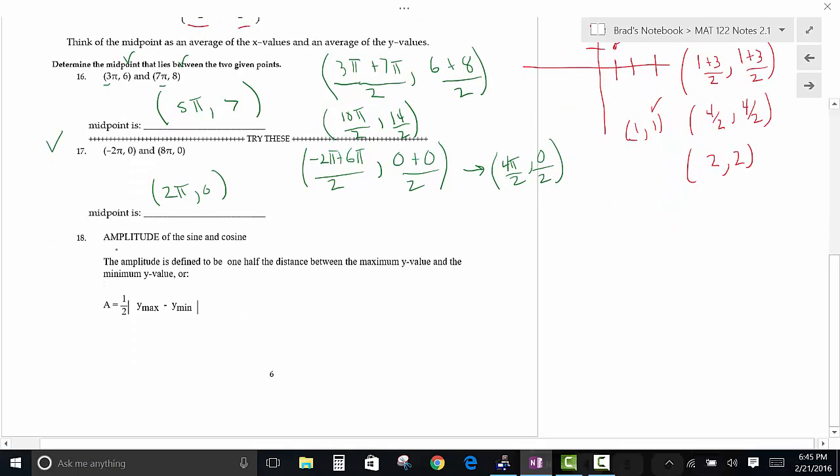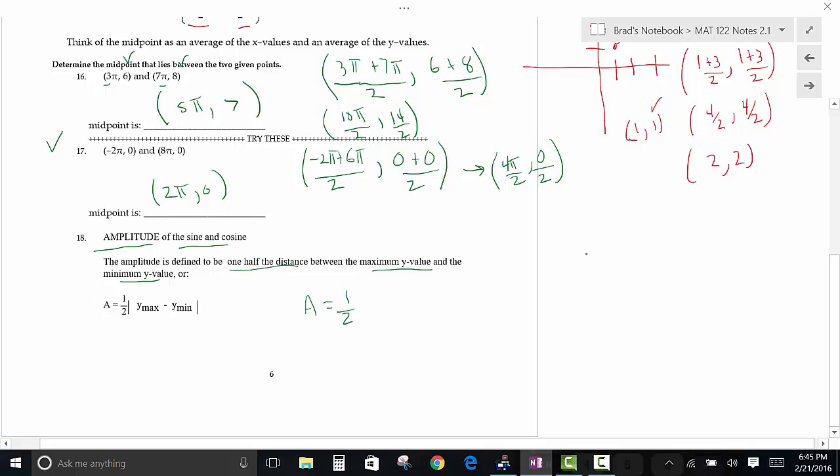All right, the next thing I want to talk about on this page is what we mean by the amplitude of a sine and cosine. The amplitude is defined to be 1/2 the distance between the maximum y and the minimum y value. We're taking a half anytime you find a distance between two numbers.